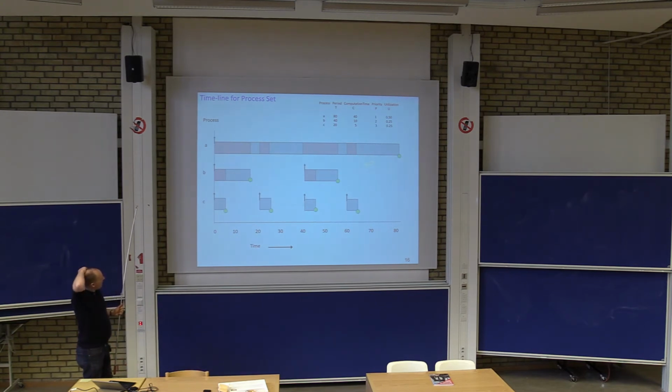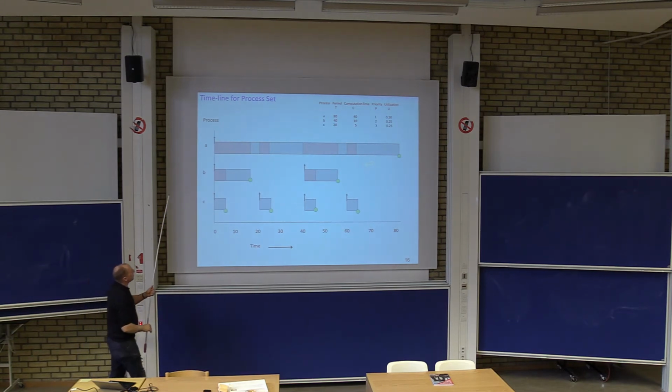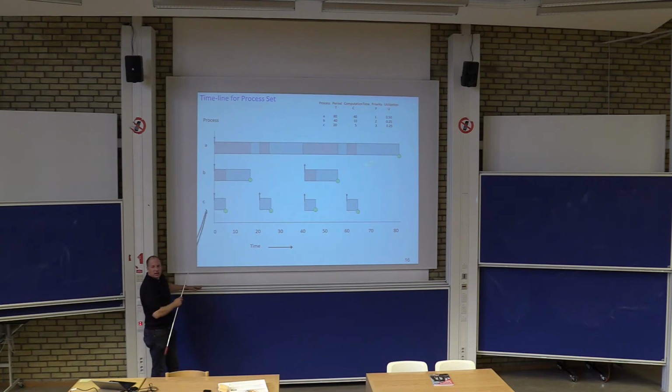So remember again that if we take this example, the response time is the time from when a task is released until it's finished. And if we have a deadline now, we would like the response time to be less than the deadline, right? Because then we have a feasible schedule.